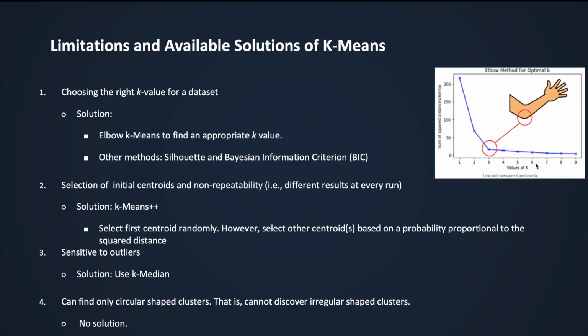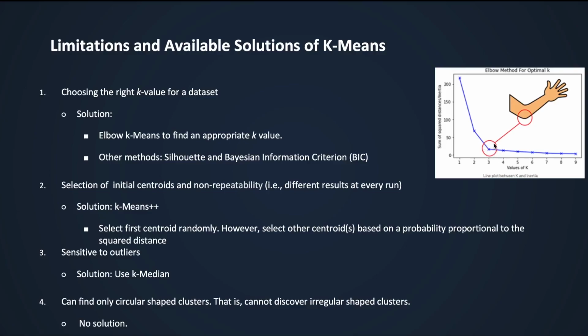Next, at each k value, we look at the sum of squared distances and plot the graph. The figure looks like the arm of a person, so the best k value is the elbow point.